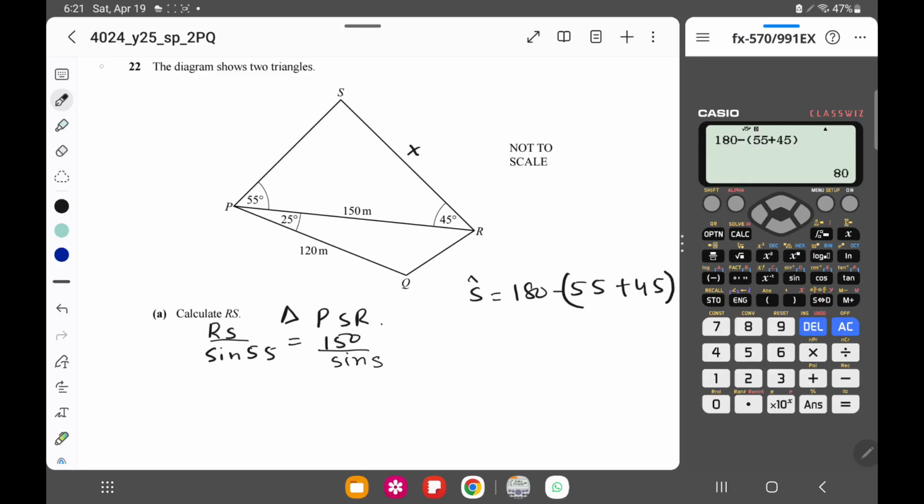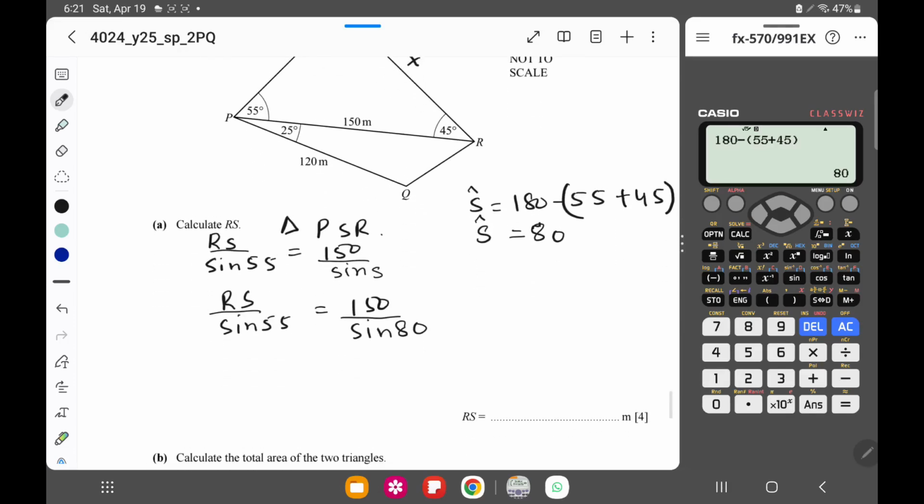Okay, so the S angle is equals to 80 degrees. So RS upon sine 55 is equals to 150 upon sine 80 degrees. Just cross multiply. RS is equals to 150 times sine 55 upon sine of 80 degrees.